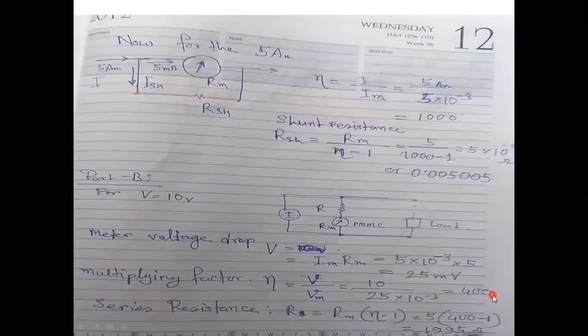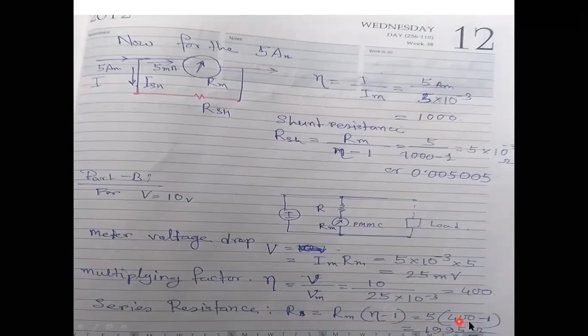Now we can evaluate the series resistance. Series resistance is R. You can write R series over here, but don't write RSH, because RSH indicates the shunt resistance. So either write R series totally, or just write R only. So R is Rm into (multiplying factor minus 1) for this voltmeter.